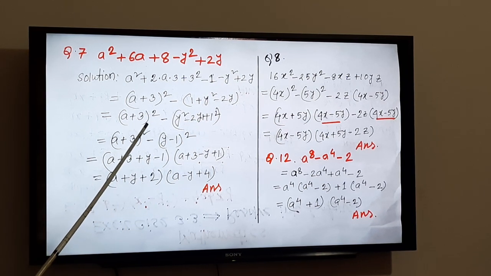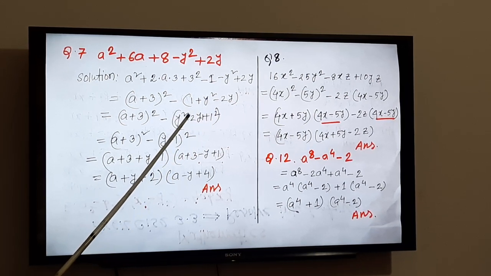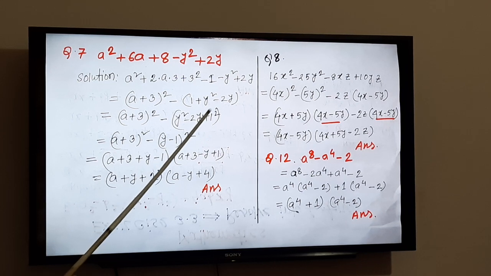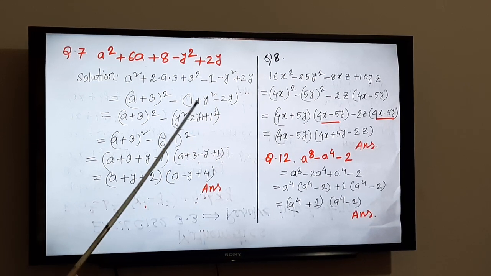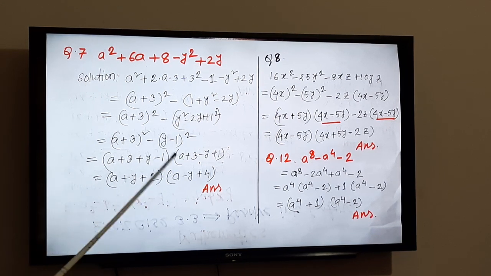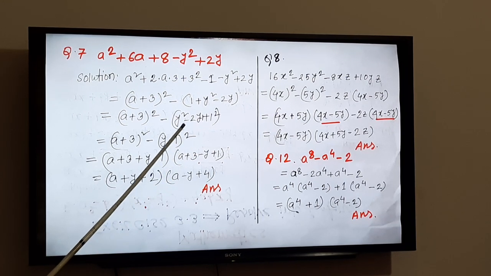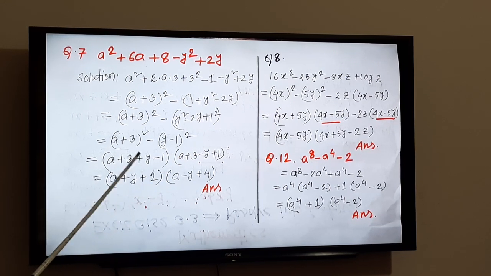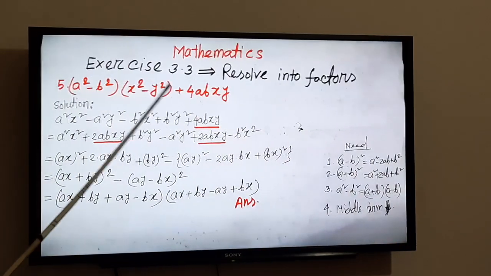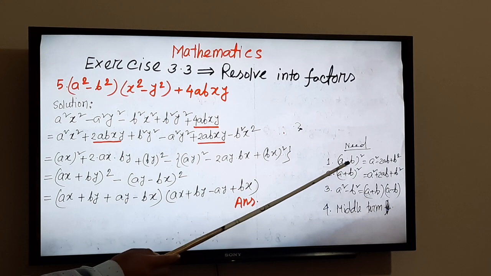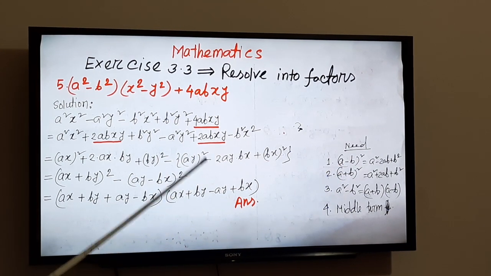So a plus 3 whole square, and we can write it y square, reorder this term, y square minus 2y plus 1, we can write it 1 square. So this also applies the formula a minus b whole square. So now we can apply a square minus b square. We can go back to the previous page where a minus b whole square, a plus b whole square, a square minus b square. This is important.